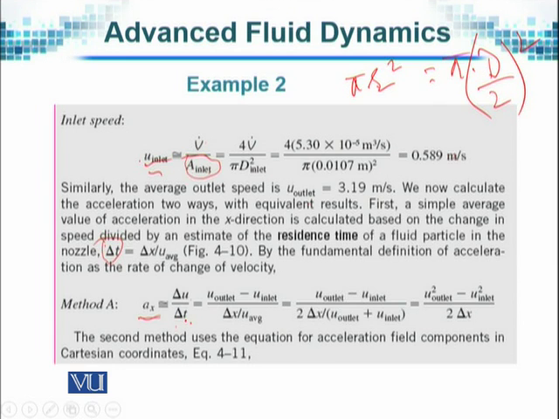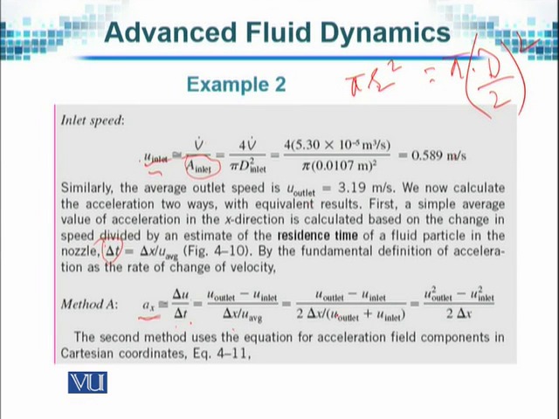That is how we do it in calculus anyway; all of you will be familiar with that. And that will be equal to u at outlet minus u at inlet divided by delta t, which is delta x by u average.